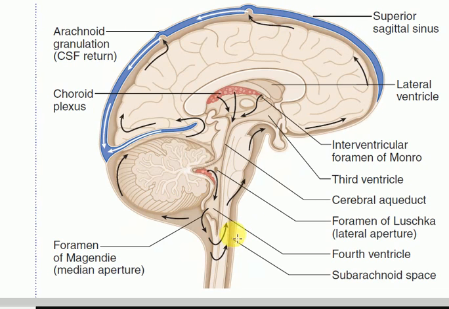The subarachnoid space is this space. The capacity of the entire subarachnoid space and the ventricular system is 150 cc's. So the point being that CSF is a circulated fluid which has to turn over about 3 to 4 times in a day.